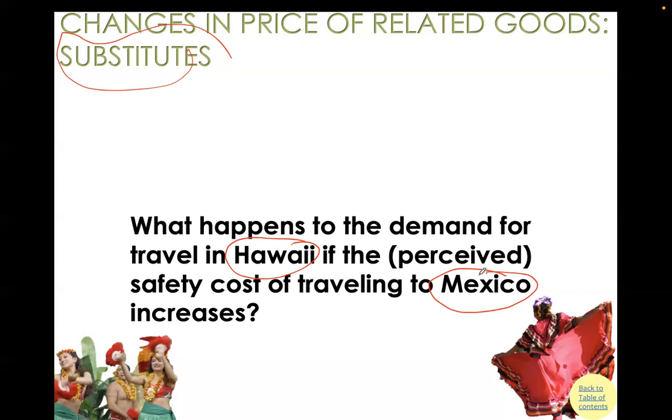And then what are you going to do? There's an alternative, and you're going to switch to something else, which is Hawaii. Why do you switch to Hawaii? Because they're substitutable. So now you're going to give up the travel plan to Mexico and substitute travel to Hawaii, as a response to the rising costs of traveling to Mexico.